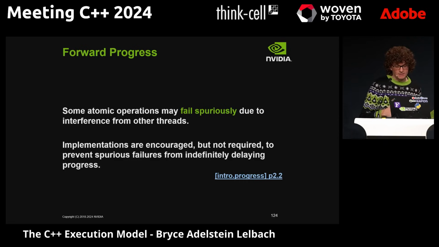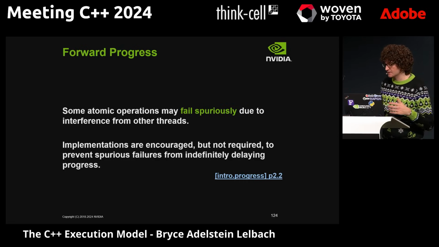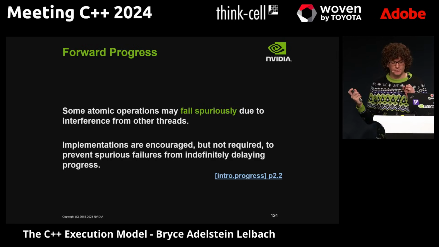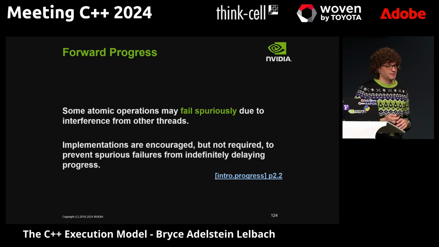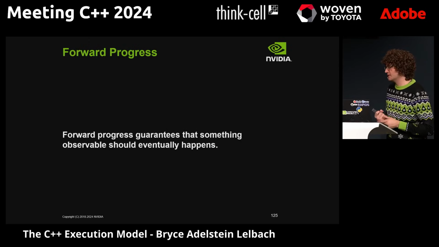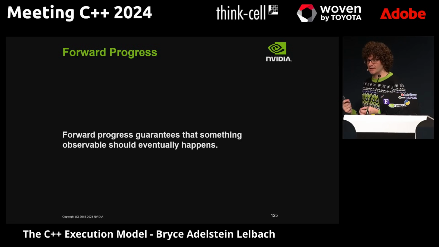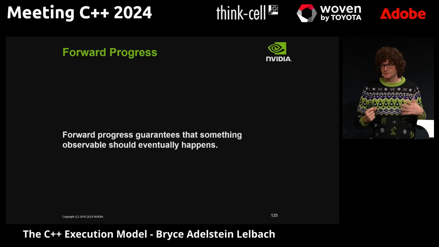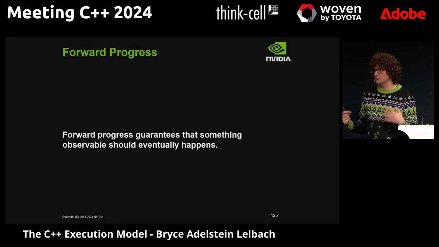And on those architectures, weak compare and exchange operations may fail spuriously. So even when the atomic object's value is equal to the expected value, it may fail to complete successfully. So forward progress essentially just guarantees that something observable will eventually happen. That if I'm blocking, I will eventually observe some condition change that will allow me to move closer to not blocking.